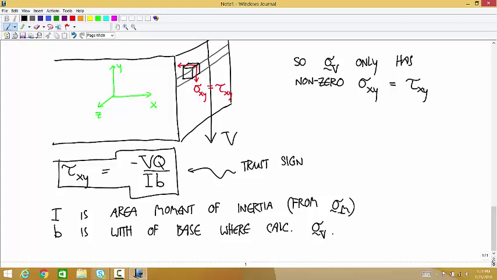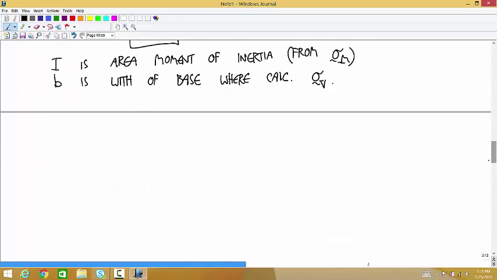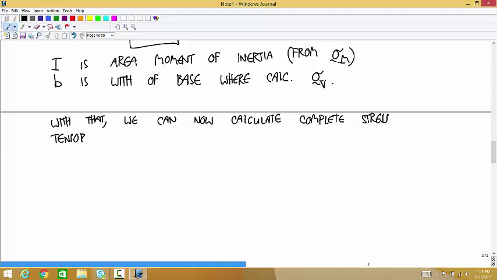Okay, well, with that, we can now calculate complete stress tensors for certain beam problems.